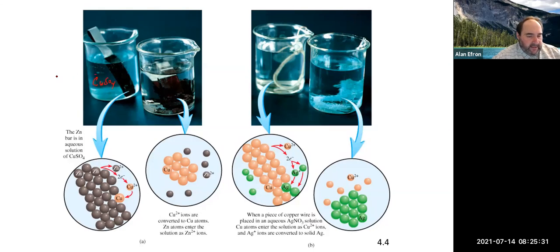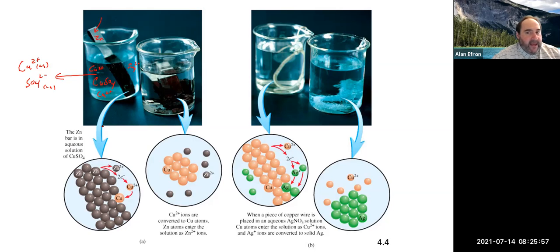So what you have floating around is a bunch of copper(II) ions and some sulfate ions. Aqueous ions, right? It's a solution. Those are floating around in here. So copper(II) ions, some sulfate floating around. This is a piece of zinc in this case.